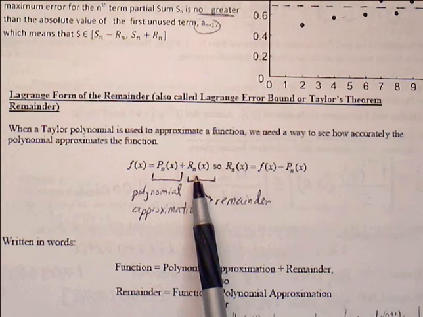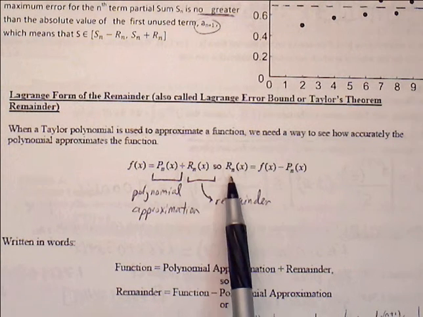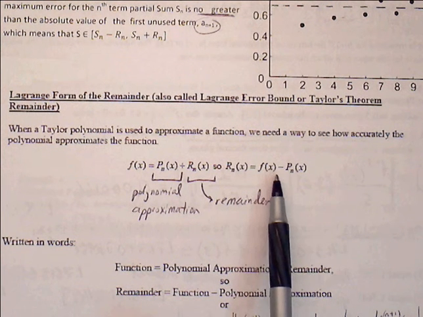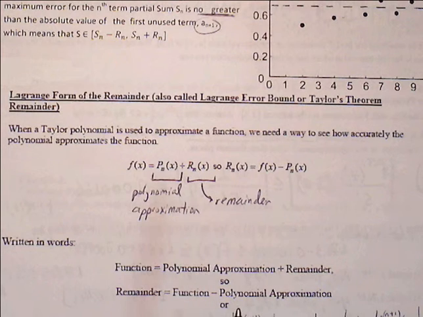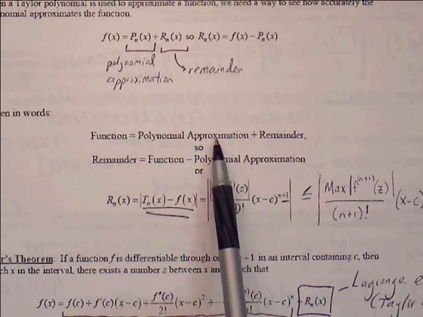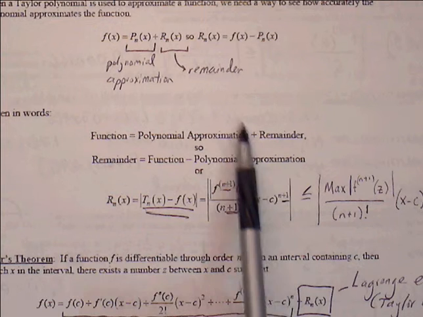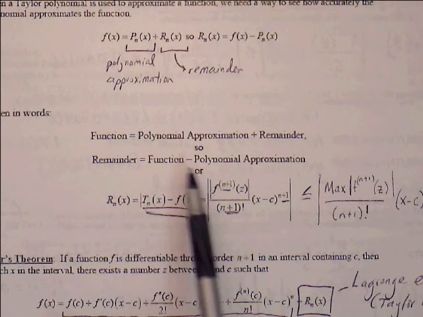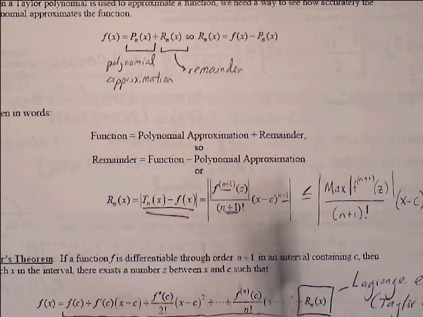If we rearrange this equation, the nth remainder is going to be the actual function minus the polynomial, or the partial sum. Written in words, the function is equal to the polynomial approximation plus the remainder. And again, rearranging, the remainder is simply the function minus the polynomial approximation.